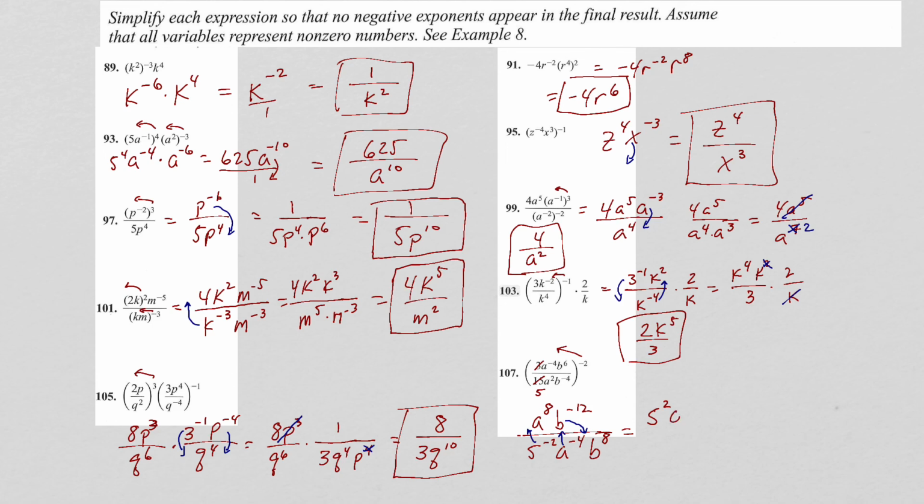I'm going to have a to the 8th, which was there, and another a to the 4 coming up from the bottom, over b to the 8th, which was already there, and a b to the 12th coming down from the top. 5 to the second is 25. A to the 8 and 4 give me 12. And b to the 8 and 12 give me 20. Wow, that was a little bit difficult. But that's it.